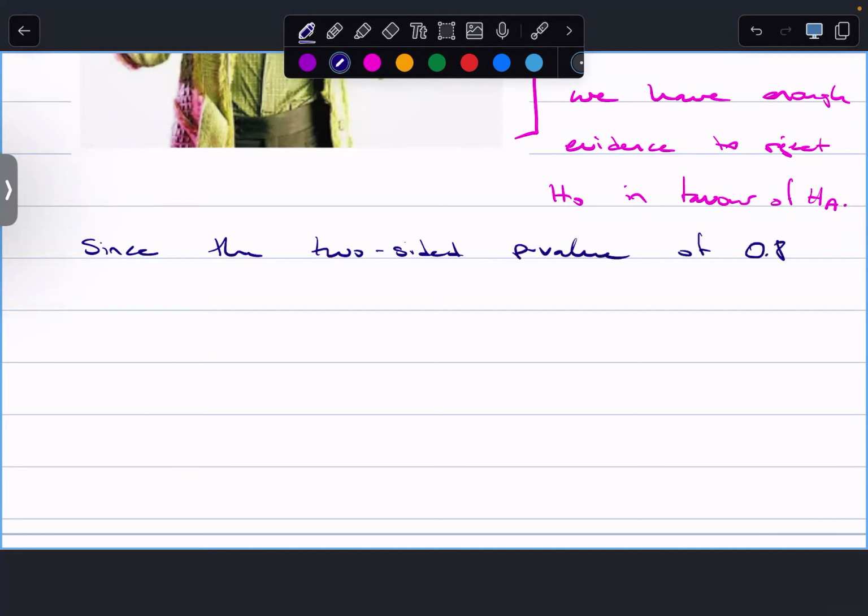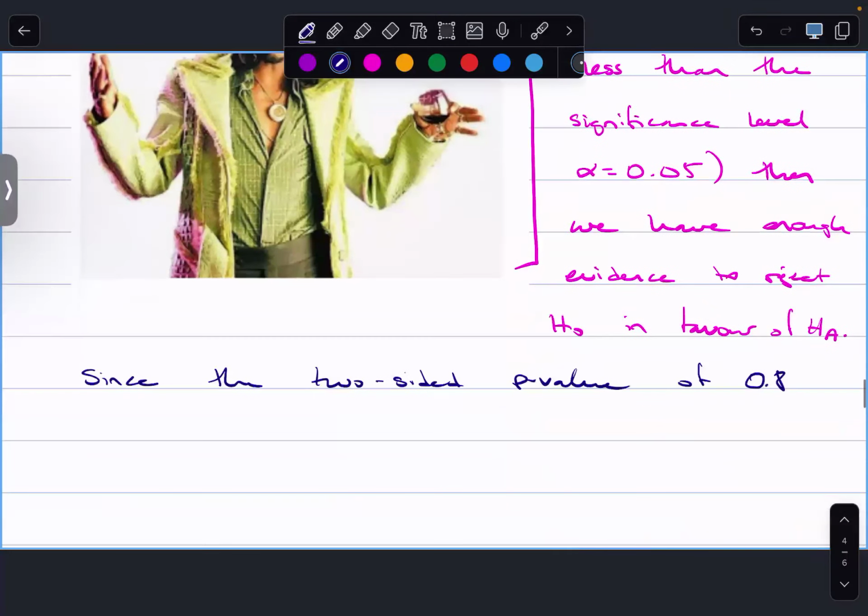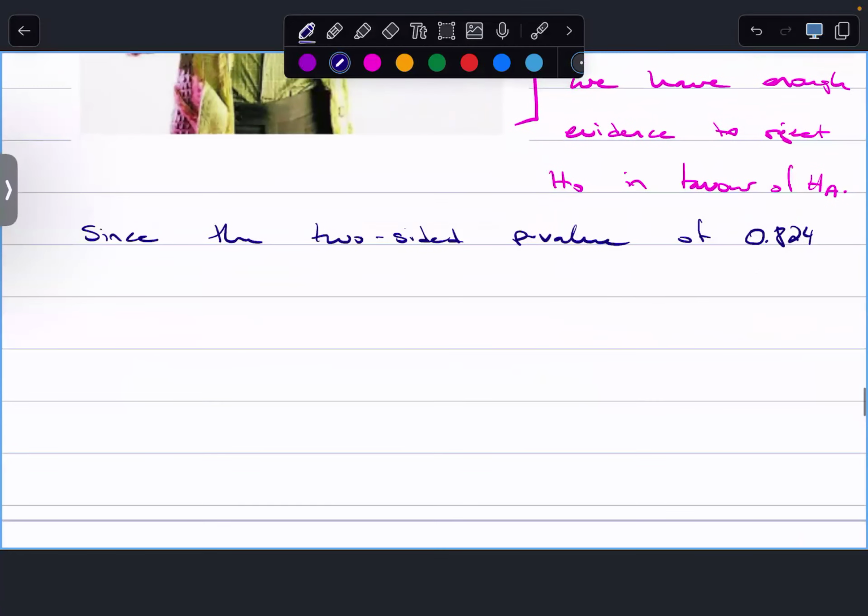of 0.824, and I use the phrasing that it either is less than the alpha level or it is not less than the alpha level, right? Just to narrow it down.